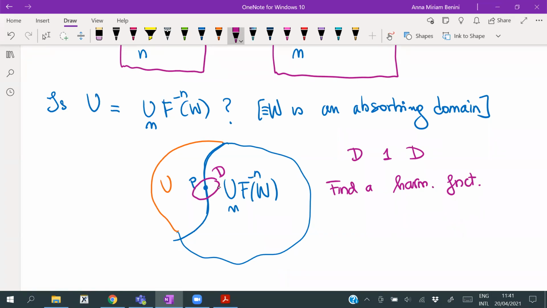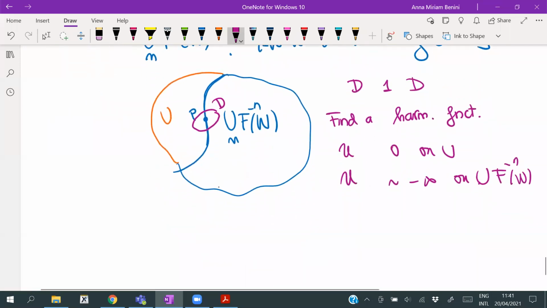This is not true, I'm cheating, because I want to finish in time. But basically you find a harmonic function, let me call it u, which is 0 on U, and which is very small on A, the union of these preimages.